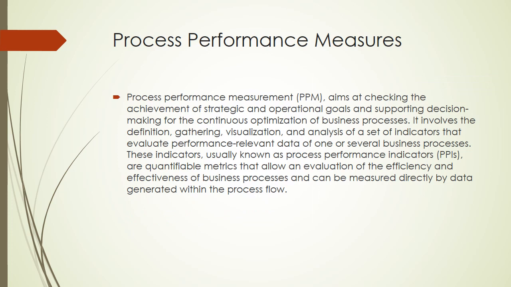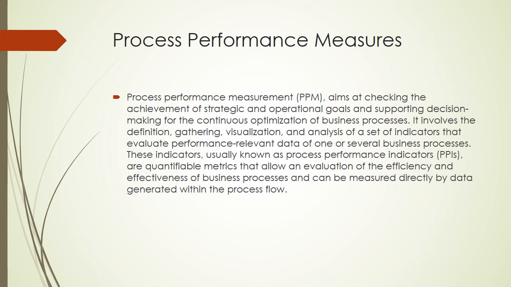The second thing in the process selection is the process performance measures, which aim at checking the achievement of strategic and operational goals and supporting decision making for the continuous optimization of business processes. It involves the definition, gathering, visualization and analysis of a set of indicators that evaluate performance-relevant data of one or several business processes.